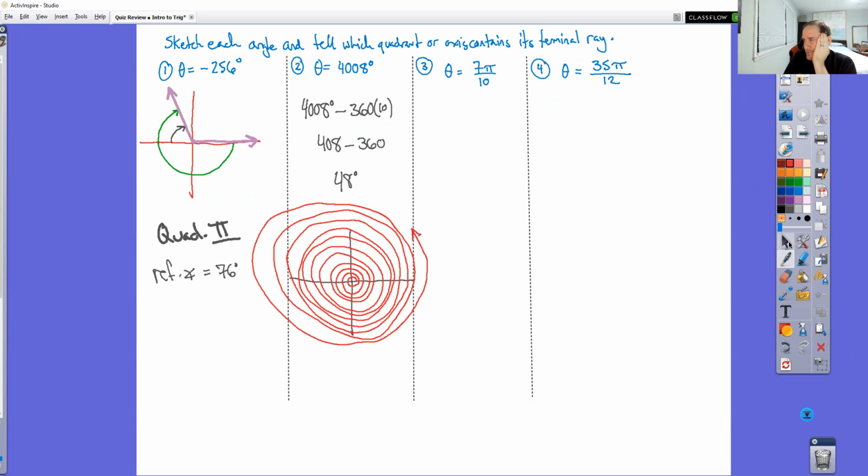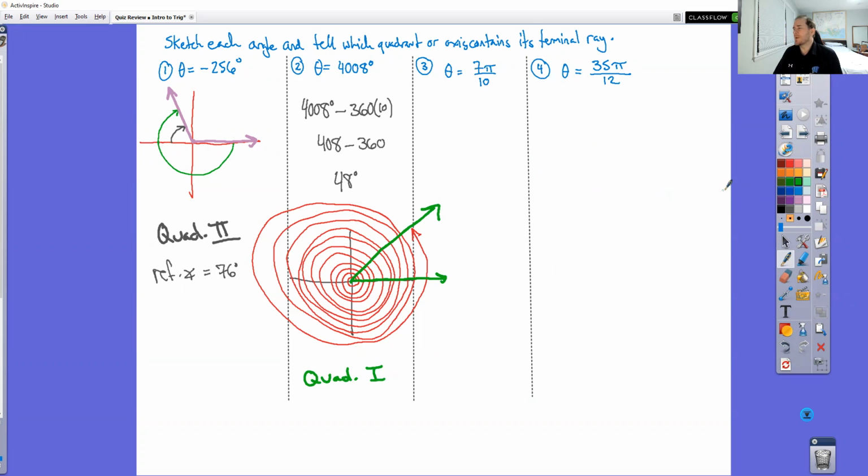Okay, nailed it. Totally worth it, by the way. Really good use of my time. Let's draw this one in green. So initial ray, terminal ray. And we live in quadrant 1. Neat.